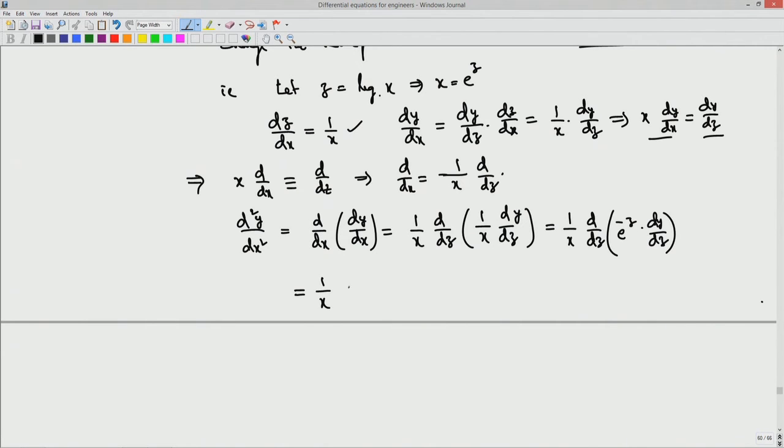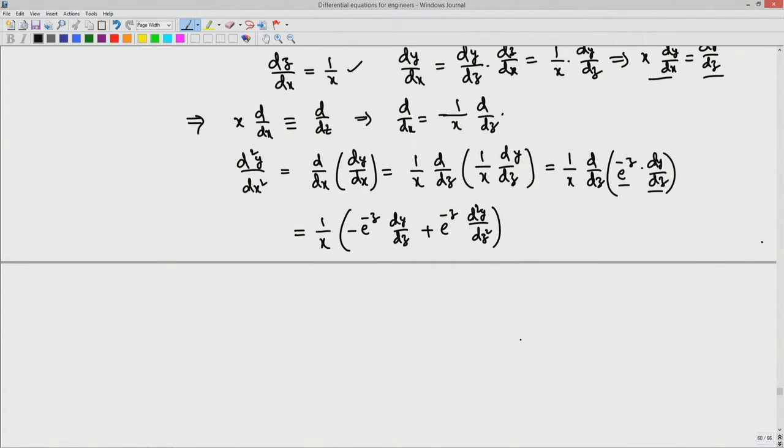Now I can differentiate, because this is a function of z: minus e power minus z into dy by dz plus e power minus z d square y by dz square. Now you replace e power minus z again as 1 by x.